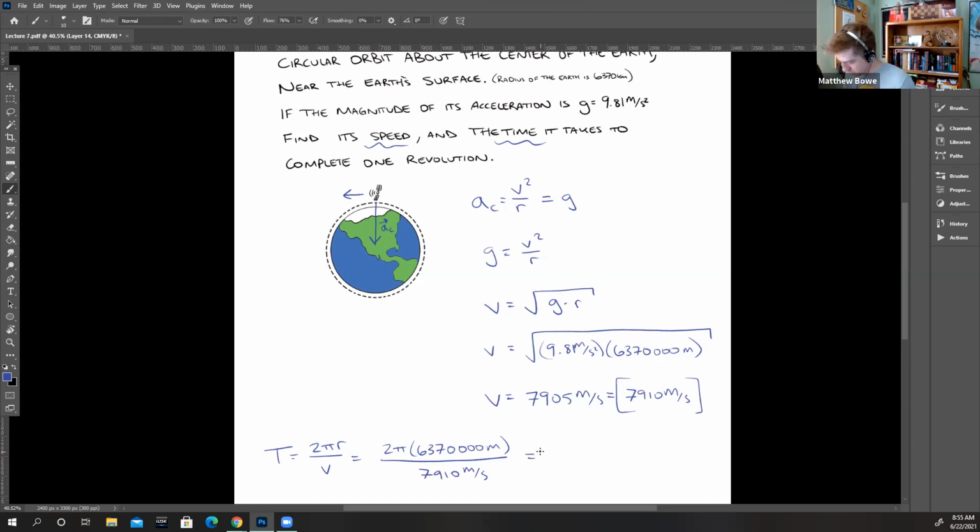Doing this we will end up with 5,059 seconds. If we wanted it in minutes, this is about 84 minutes. It takes 84 minutes for the satellite to go around the Earth once. So, a little over an hour.